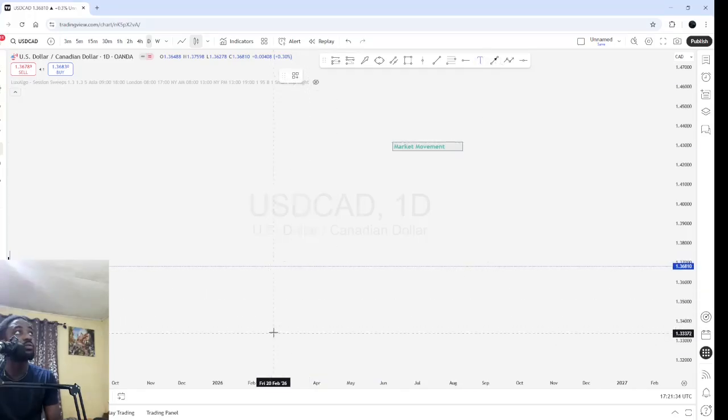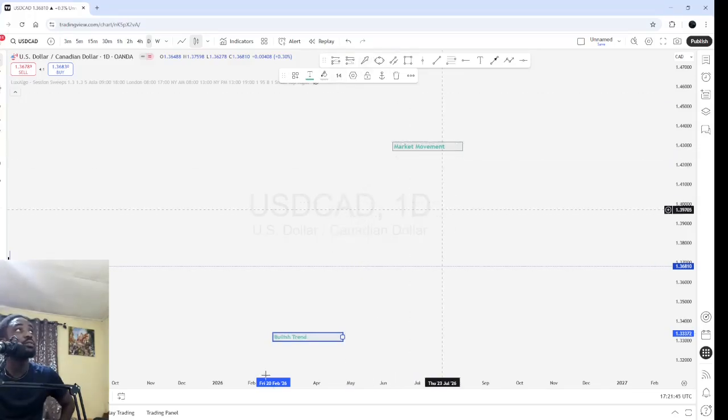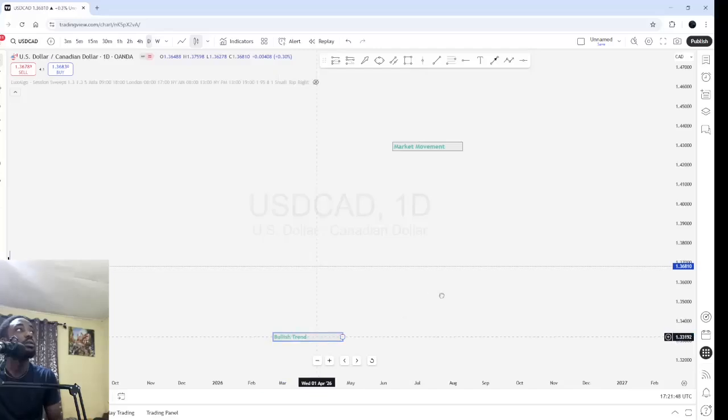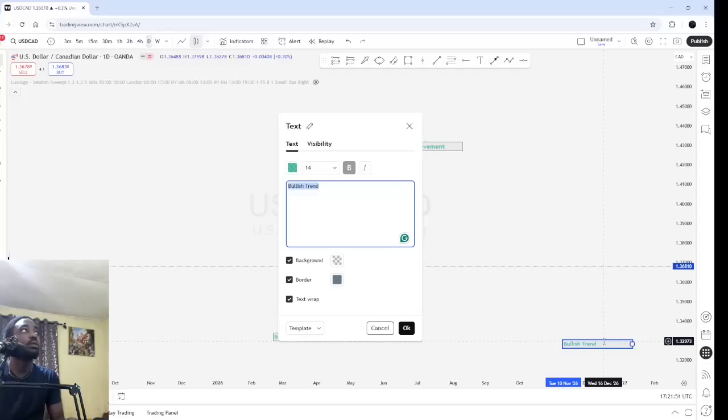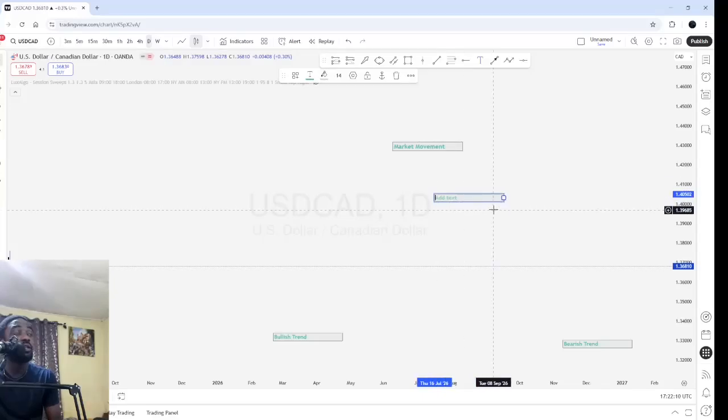We have the bullish trend, we have the bearish trend, and we have the consolidation.